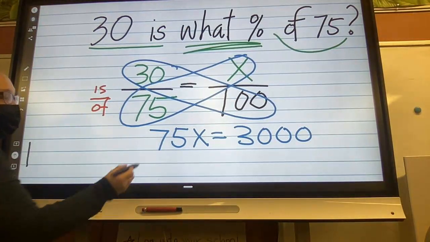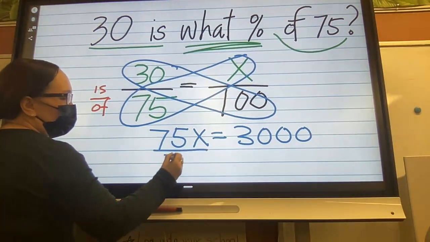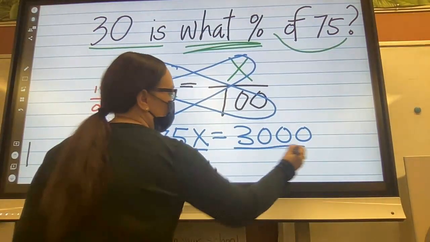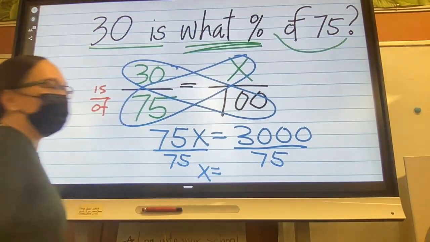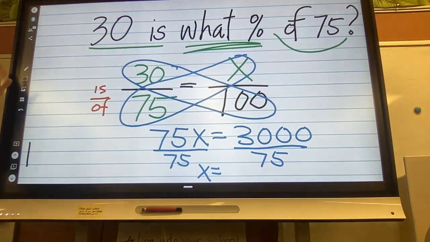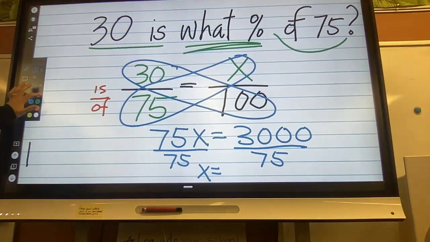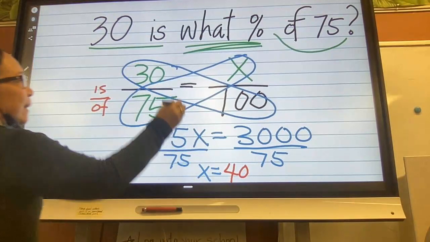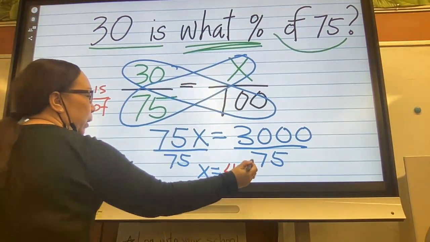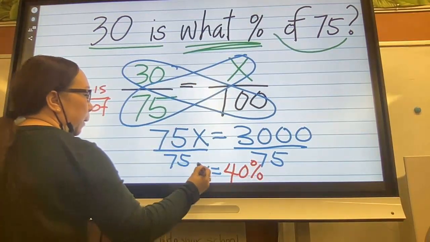We divide both sides by 75. What is x going to be with your magical tool? How much is 3,000 divided by 75? 40. And since we're looking for percent, we need to write 40%.